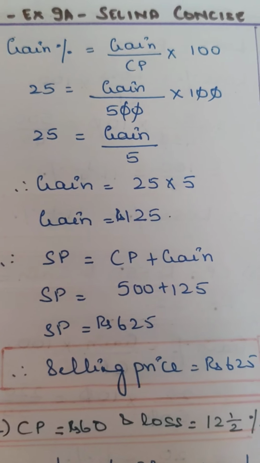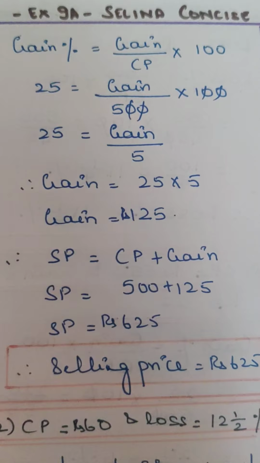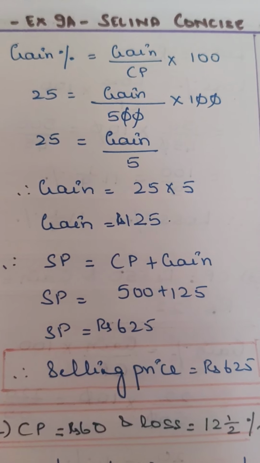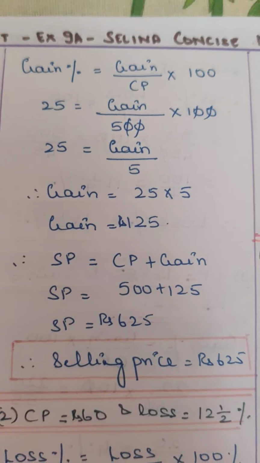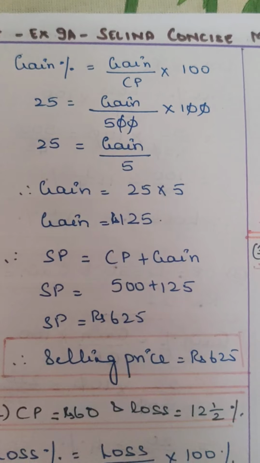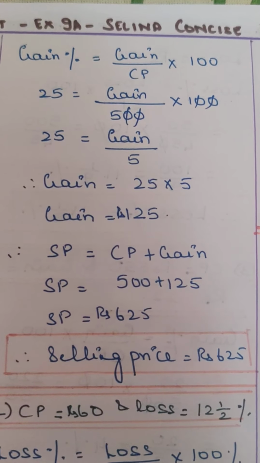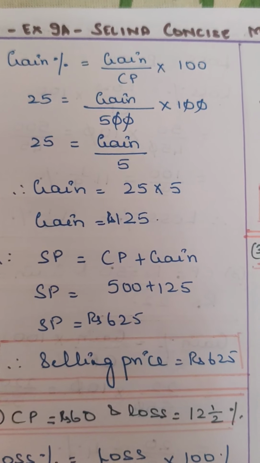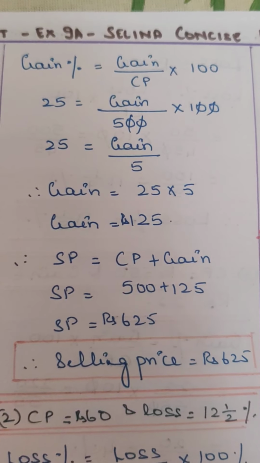Therefore, gain is equal to 25 into 5, that is rupees 125. Therefore, selling price is equal to cost price plus gain, that is equal to 500 plus 125. Therefore, selling price is equal to 625. Hope this is clear.